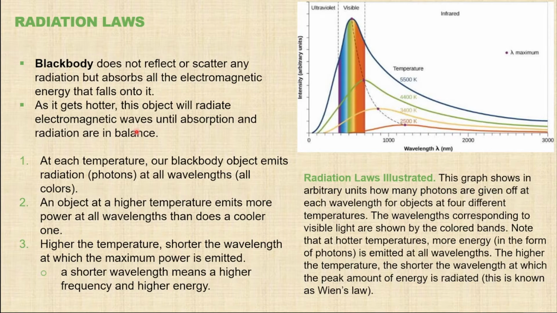But if we continually add energy to a black body, after a while it starts to radiate back all these electromagnetic waves. So now we know what an electromagnetic wave is, and it ranges over all wavelengths. And stars, we can relate to a black body. It absorbs and it radiates electromagnetic waves.